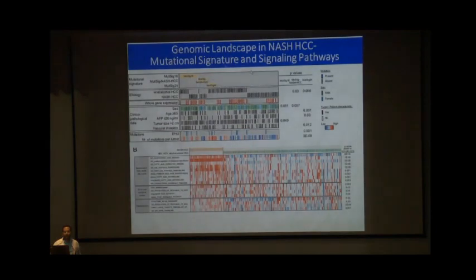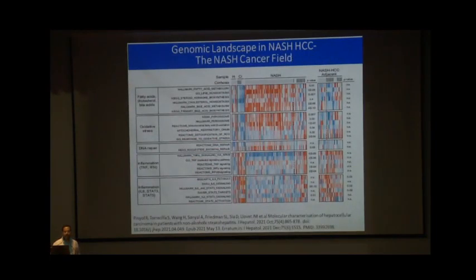Similarly, you can see the mutational signatures and signaling pathways, the whole genome expressions, and also the metabolomics in fatty acid, bile acid pathways, ROS antioxidant pathways, and inflammation; they have distinct signatures. So when you think of a NASH SCC, you can find a signature both in metabolomics and mutational signatures to identify and quantify them. Similarly, the cancer field is diverse.